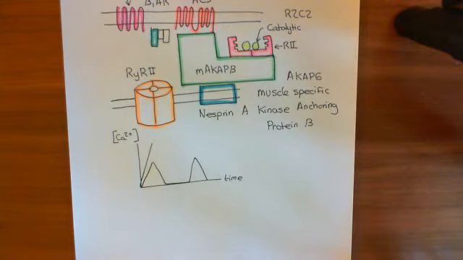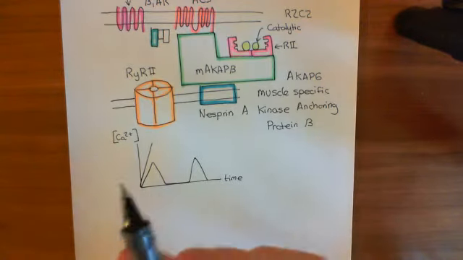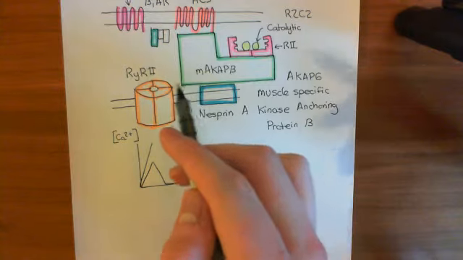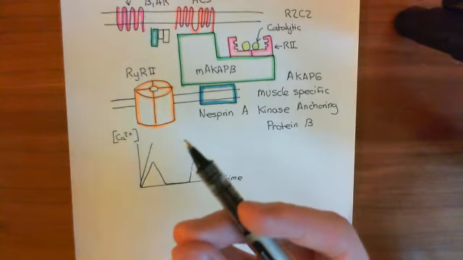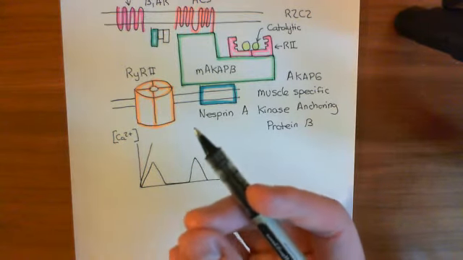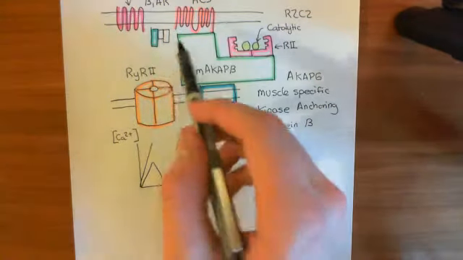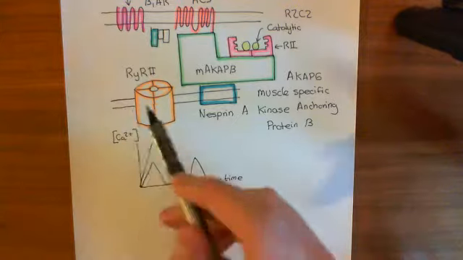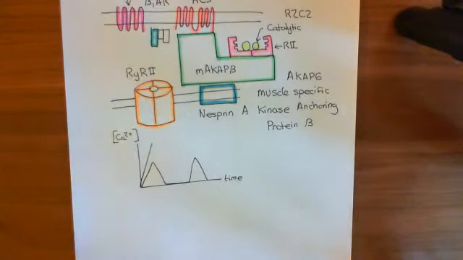Okay, at the moment we've increased the size of our calcium spike. And I just want to add another thing. So I've told you that when the action potential ceases, then the L-type voltage-gated calcium channels will close. Okay, that's true. And because of the lack of calcium from those L-type voltage-gated calcium channels, that will serve to help inactivate the type 2 ryanodine receptor.